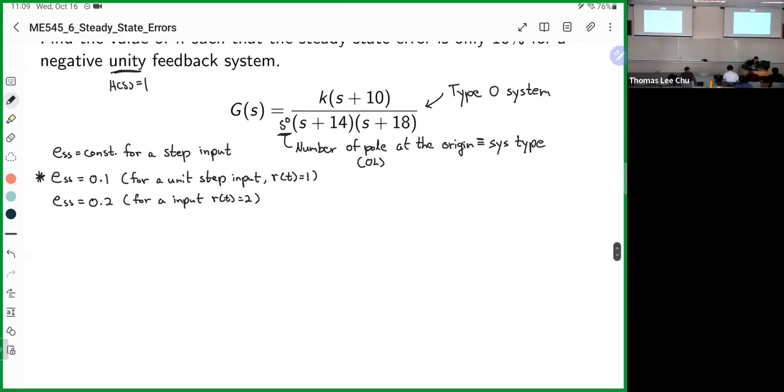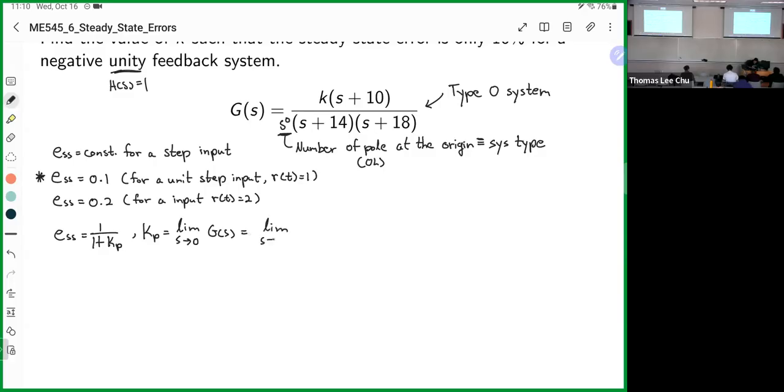So then we know from the previous table, error at steady state is equal to 1 over 1 plus Kp, where Kp is equal to the limit as S goes to 0 of G of S. So then let's just solve for that.